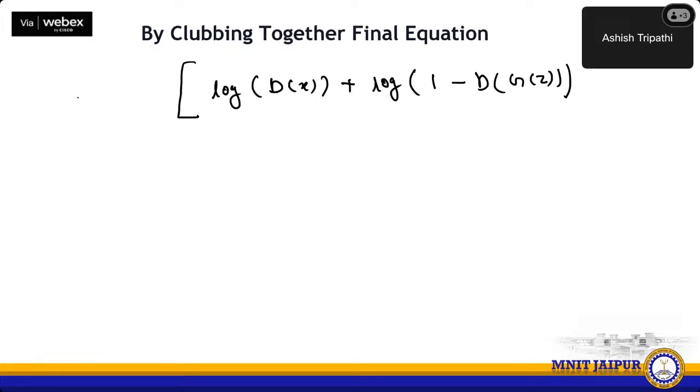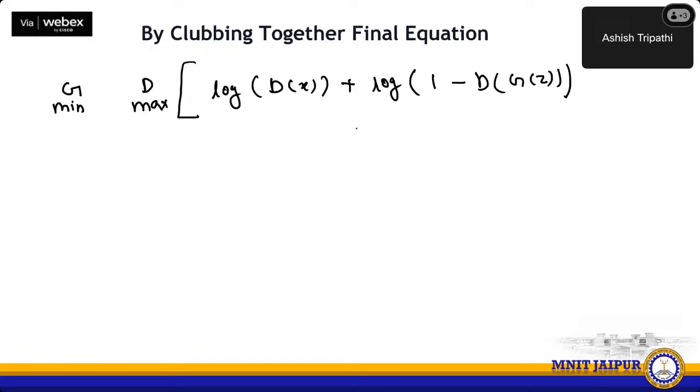So there is generator G and there is discriminator D. Generator G wants to minimize it and discriminator D wants to maximize it. I have just clubbed both the equations in a single equation. Both the generator and discriminator loss have the same equation, but they have different goals.